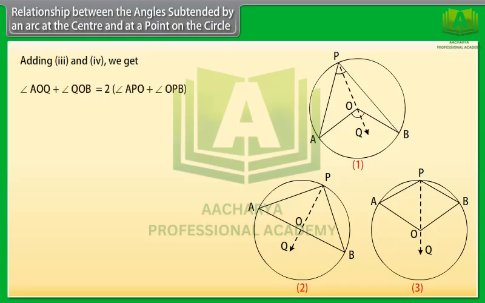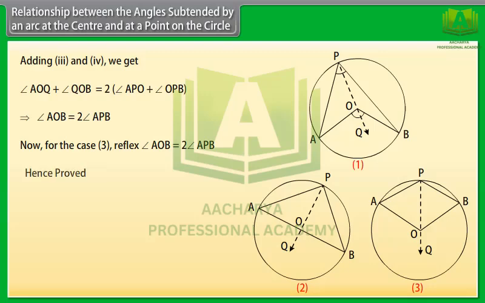Adding 3 and 4, we get angle AOQ plus angle QOB is equal to 2 into angle APO plus angle OPB. Similarly, angle AOB is equal to 2 angle APB. Now for case 3, reflex angle AOB is equal to 2 angle APB, hence proved.